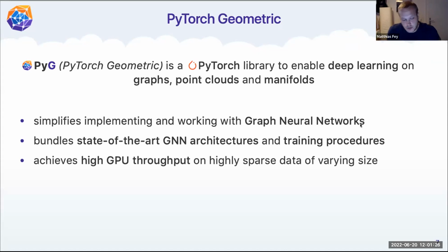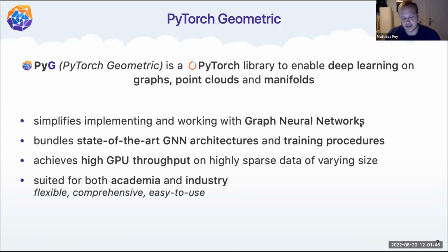Most importantly, we also try to do that as fast as possible. So we always aim for high GPU throughput on highly sparse data of varying size. And in particular, we do that by providing some extension libraries that are especially designed to work on sparse and graph-specific data. Lately, we are also trying to make PyG suited for both academia and industry.